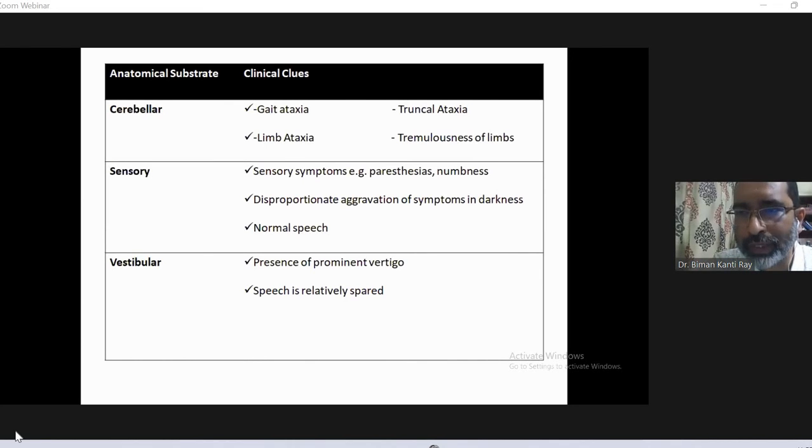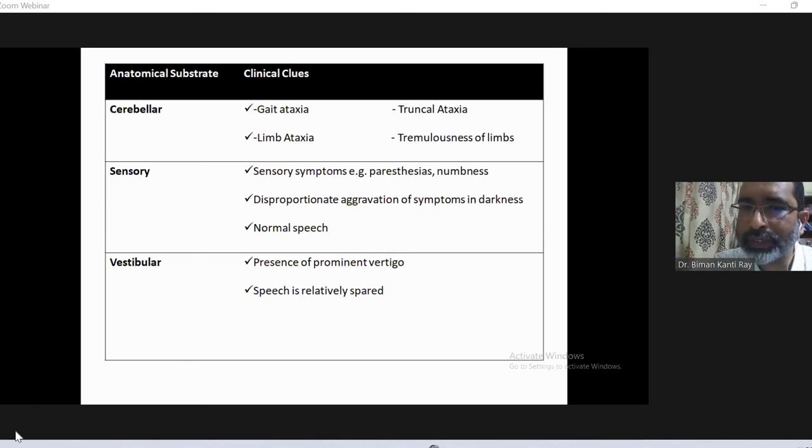So all types of ataxia, truncal, stance, gait, limb ataxia, may be present in different combinations in cerebellar ataxia, in addition to eye symptom, eye sign, and slurring of speech. So a constellation of these symptoms and signs in different combinations will give you a clue that the patient may have a cerebellar pathology.